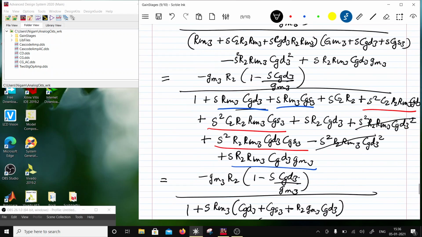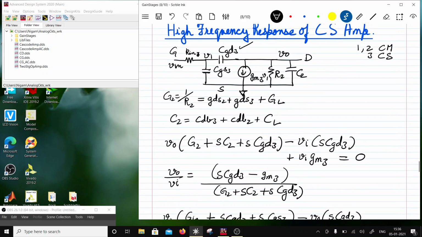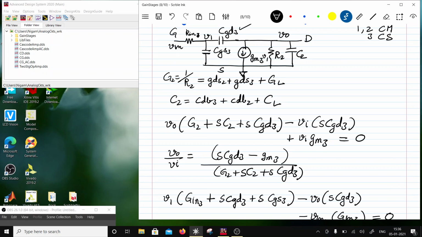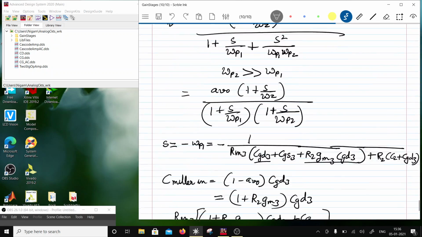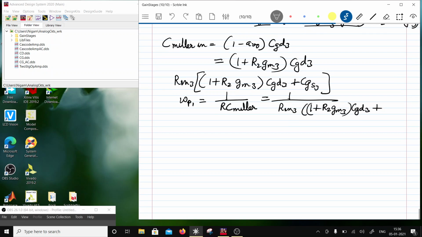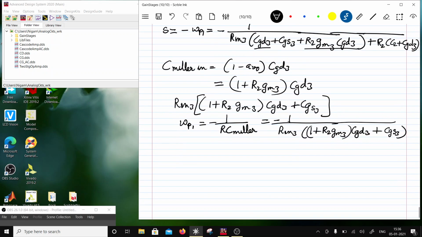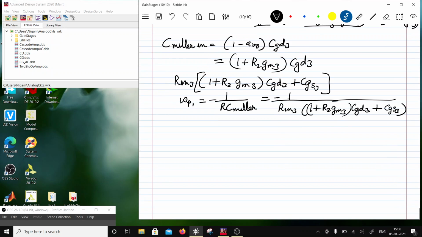All the capacitors attached to the input node are CGD3, referred to the input side as a Miller capacitor, which is 1 minus AV0 times CGD3, plus CGS3, times R in 3. So the RC time constant due to the input node gives the dominant pole, and I am putting a minus sign because it is on the left hand side of the S plane.